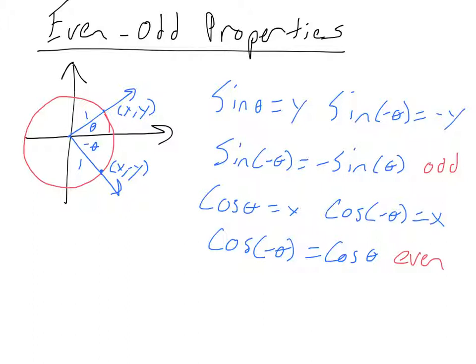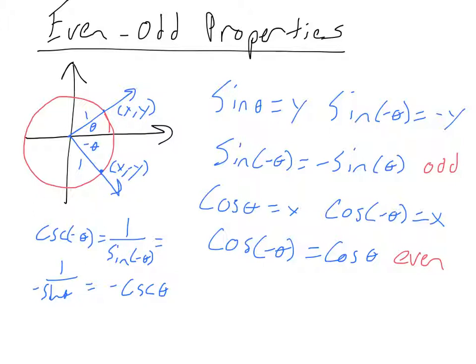And so that means cosecant of negative theta is just 1 over sine negative theta, which is just going to be equal to 1 over negative sine theta, and so negative cosecant theta.